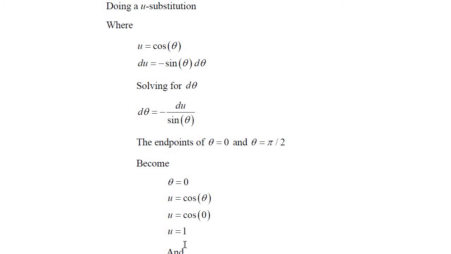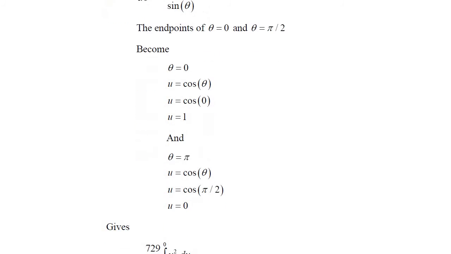So where theta was equal to 0, u is equal to 1. And when I plug in theta equal to pi over 2, u is equal to cosine of pi over 2, and the cosine of pi over 2 is 0.